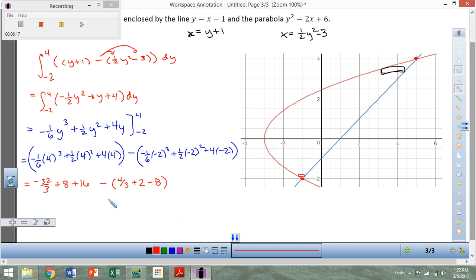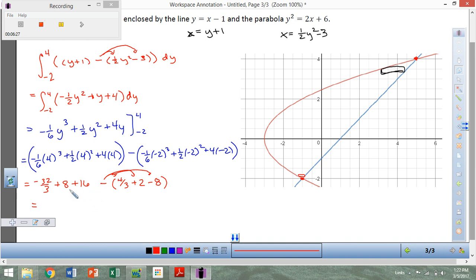Okay, so my advice when evaluating this is, first of all, I want to distribute this negative, but you should be able to do that at the same time. What I would do is combine all the whole numbers, combine the fractions, and then if I need to, combine those two things.